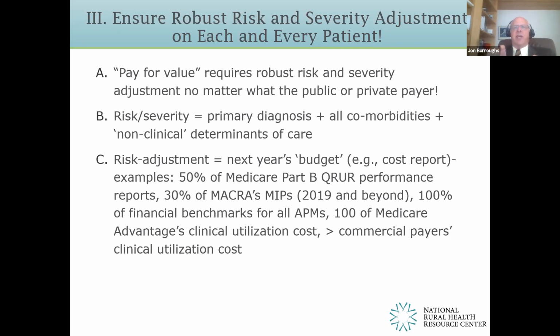non-clinical determinants of care. Now, you're taking a little program on population health, but I'll remind you that non-clinical determinants of care include socioeconomic factors, zip code, genetics, hereditary issues, level of education, level of employment, what kind of housing do they have? It includes risky behaviors.